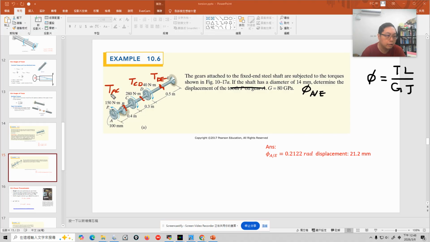This torque also causes local deformation in the AC section, the CD section, and the DE section. It causes local deformation because in this course the materials we are analyzing are all very hard, strong materials, so the torque only causes local deformation.